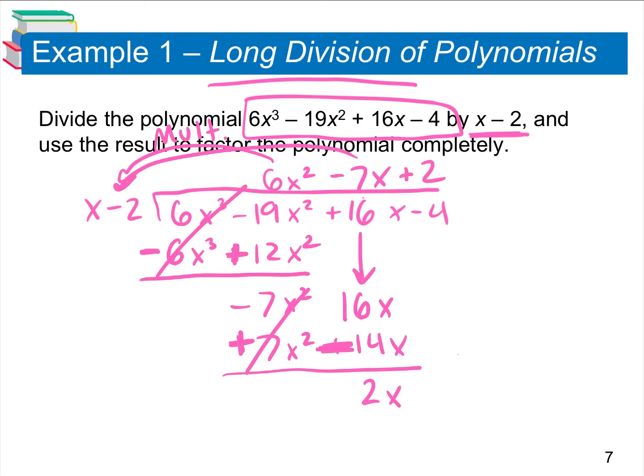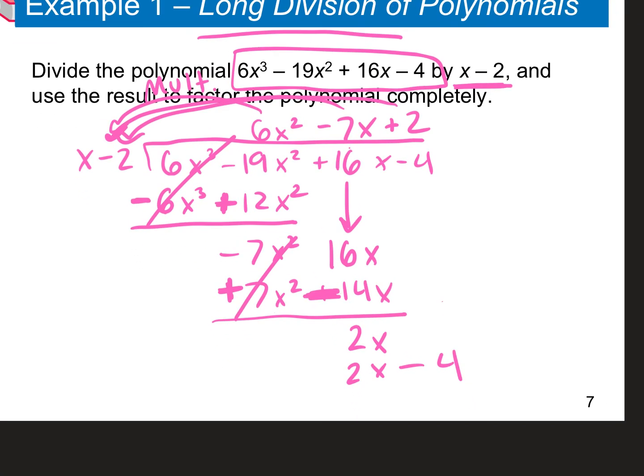What do I do next? Multiply. Once I write a number up top, it gets multiplied to both things out front. So that would be 2x minus 4. What's next? Change the sign, change the sign, because we want this to cancel.